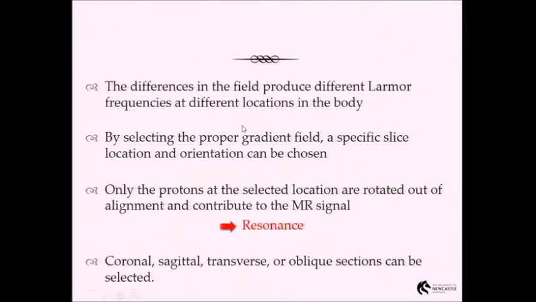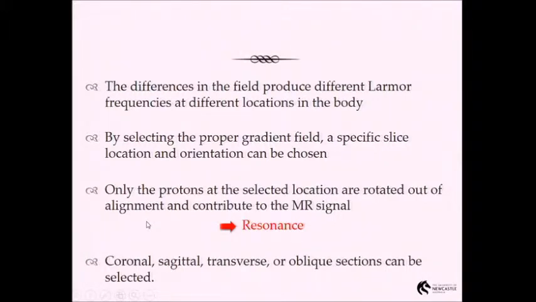So by selecting the proper gradient field, a specific slice location and orientation can be chosen. Depending on which one we turn on, we can do axial imaging, coronal, or sagittal. And only the protons at the selected location are rotated out of alignment.